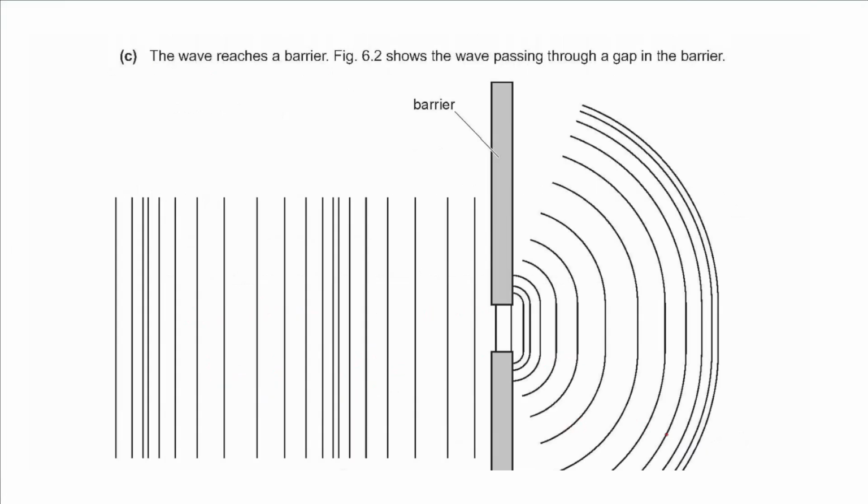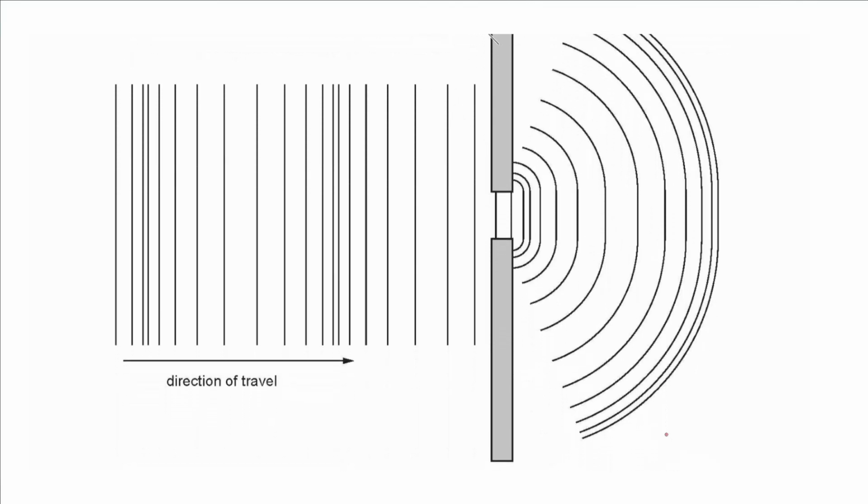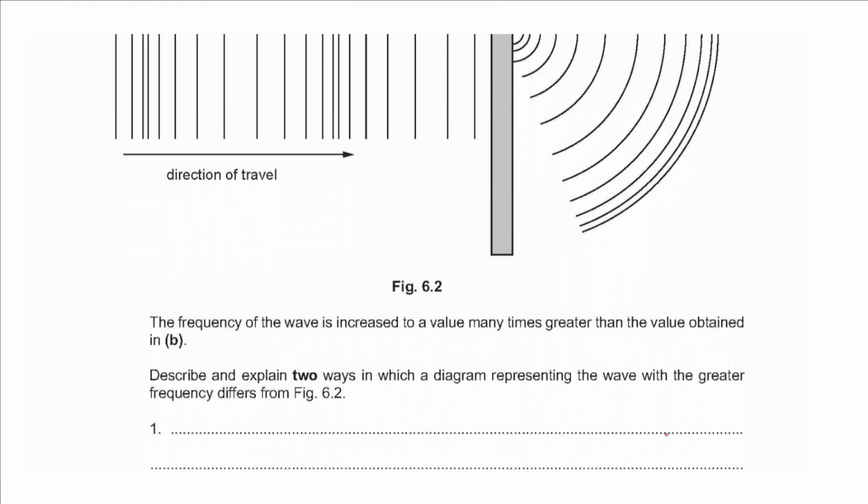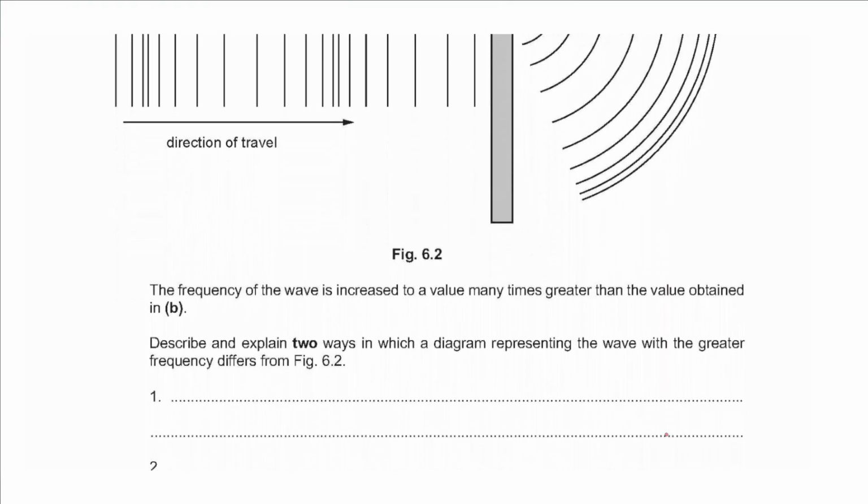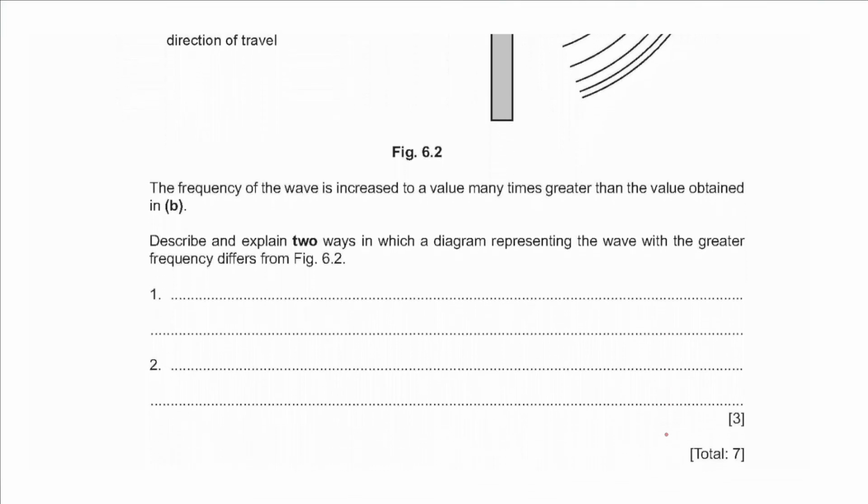Part C says the wave reaches a barrier. Figure 6.2 shows the wave passing through a gap in the barrier. So it shows diffraction. The frequency of the wave is increased, which means the number of waves per second increased to a value many times greater than the value obtained in B. Describe and explain two ways in which the diagram representing the wave with a greater frequency differs from figure 6.2.